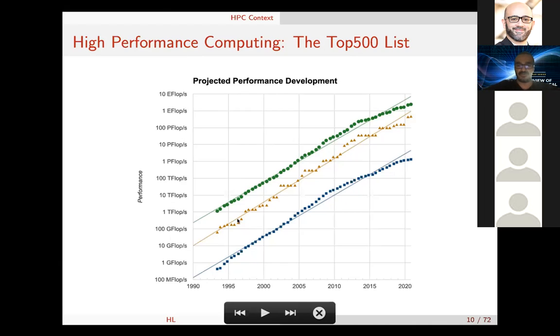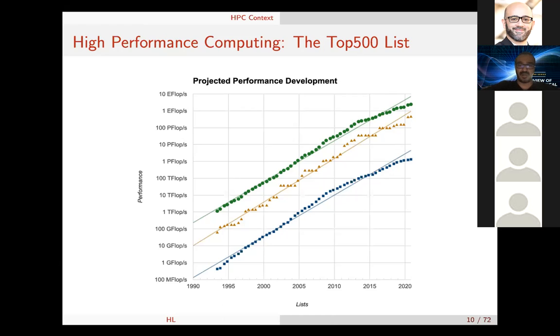There are 3 curves. The blue curve is the system that just made it to the list, number 500. The orange curve is number 1. And the green curve is the sum of all those 500 entries of the top 500 list, which gives you the aggregate performance. So we've been following this exponential growth as far as HPC supercomputers are concerned with the hardware.